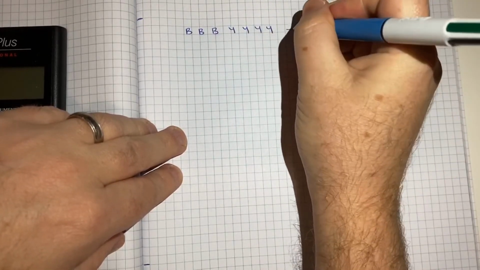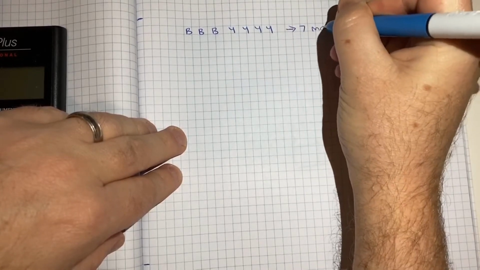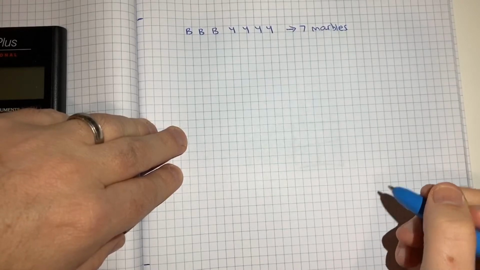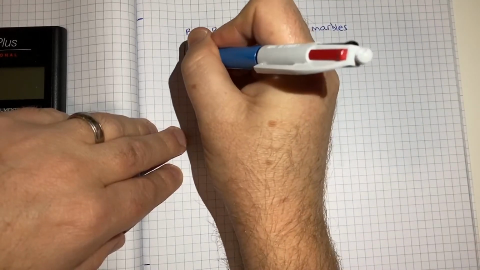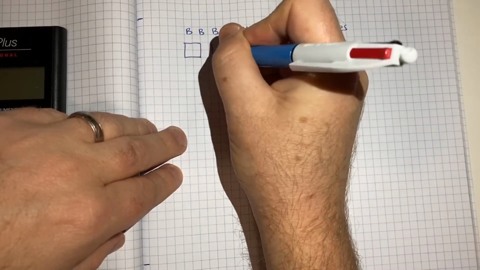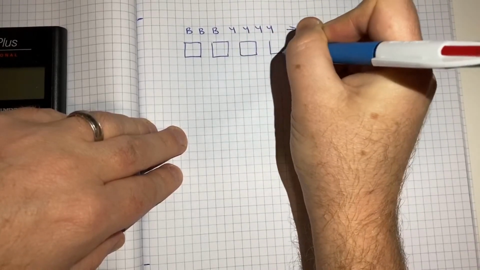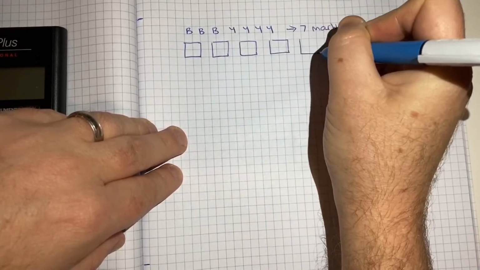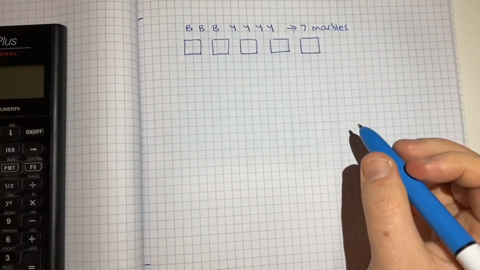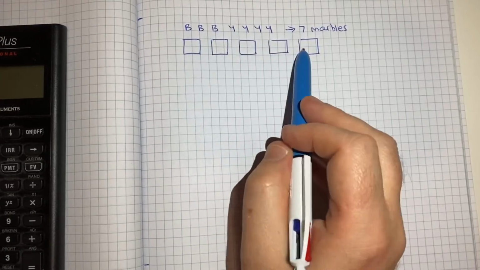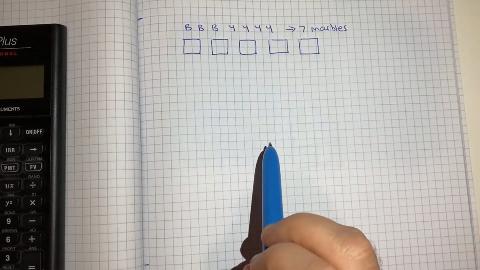So we've got a total of 7 marbles that we're choosing from, but we're told we want to know the number of ways that you could pick 5. So if I draw a square for each of the 5 spots that a marble can go in, we're essentially asking, from the 7 marbles we've got to choose from, how many ways could you choose 5?